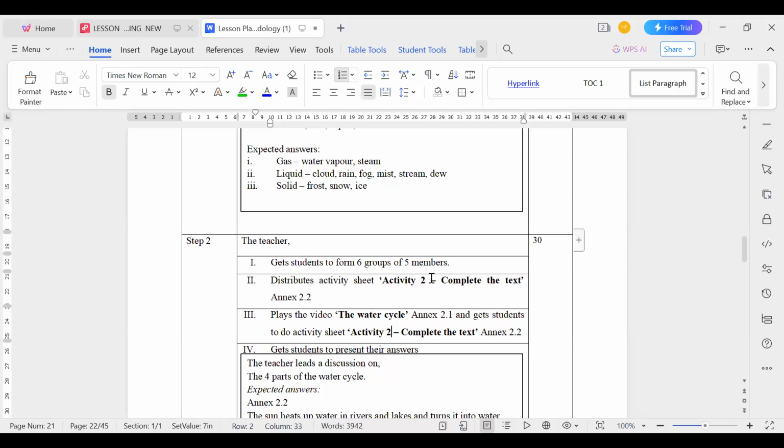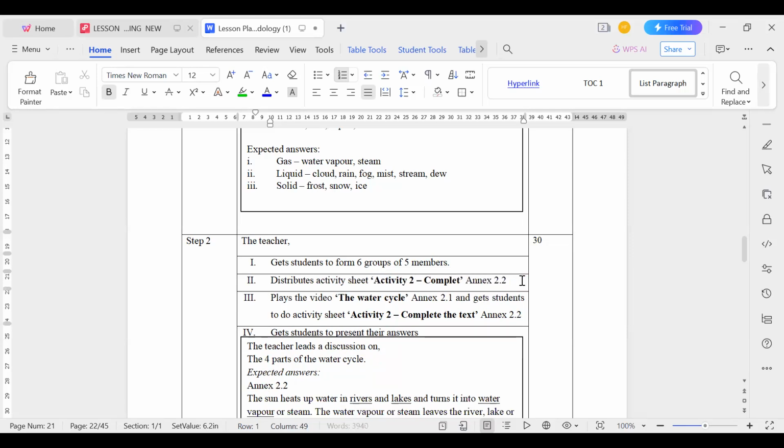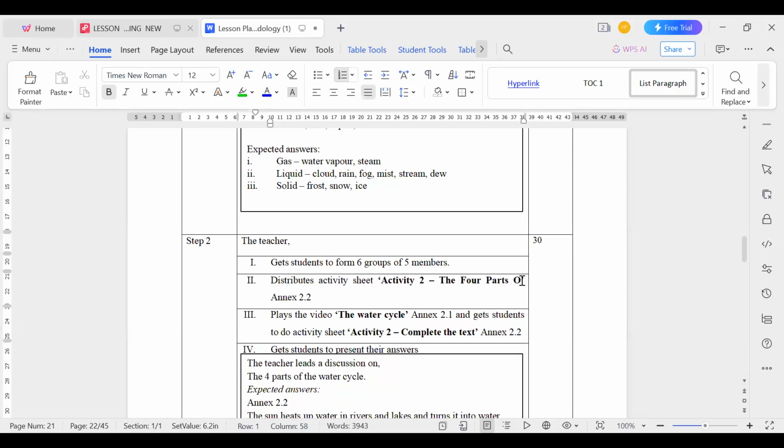So you have to say, complete the text, the water cycle, the 4 parts of the water cycle. What should activity 2 be then? The 4 parts of the water cycle.